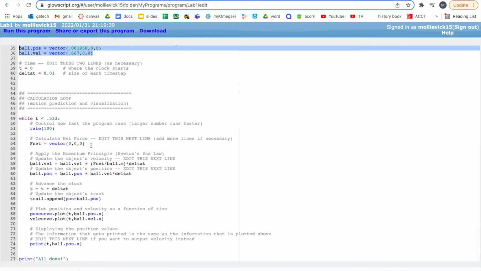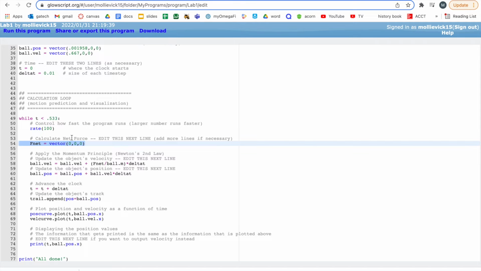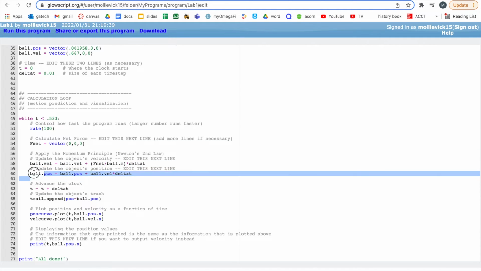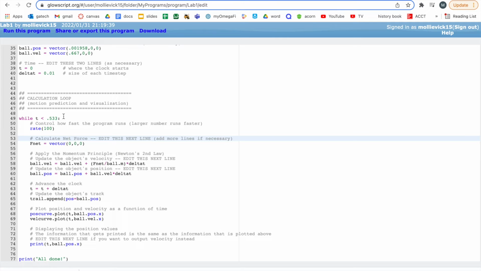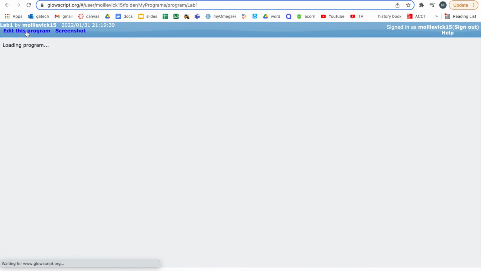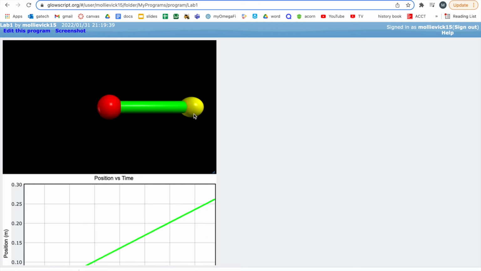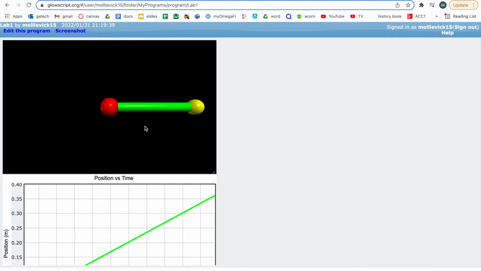Now we'll look at the formulas. We start with F net being 0 because it's constant, and then these are the position and velocity update formulas. When you look at this while loop, t is less than this number, and this number is the last time recorded in Tracker, so that is important to note. Now when we run this program, you can see that the yellow ball is very similar to that in the real world.